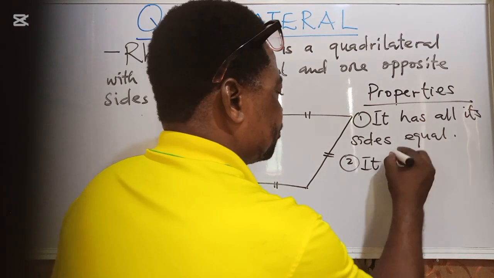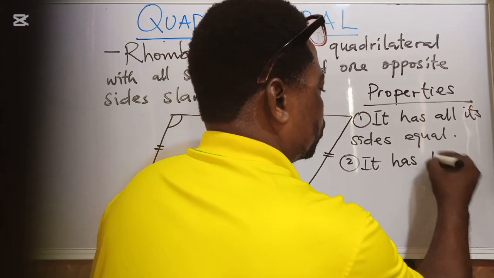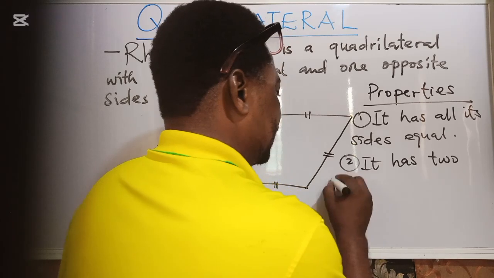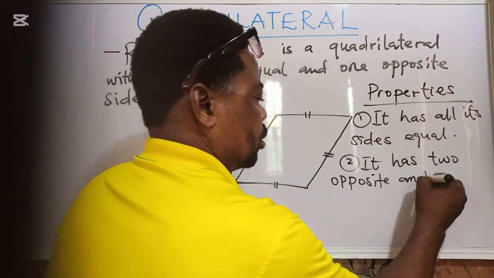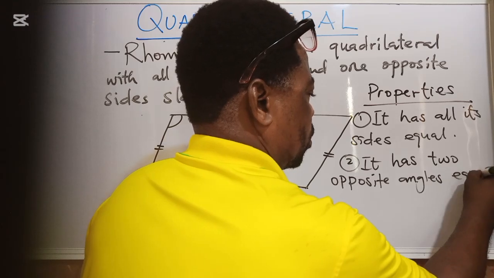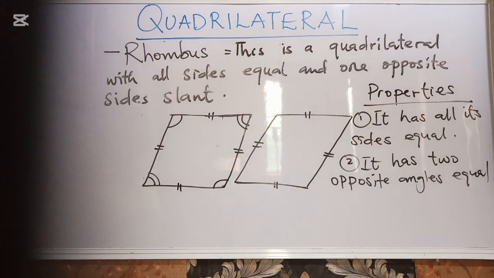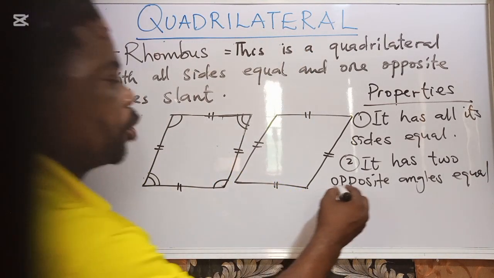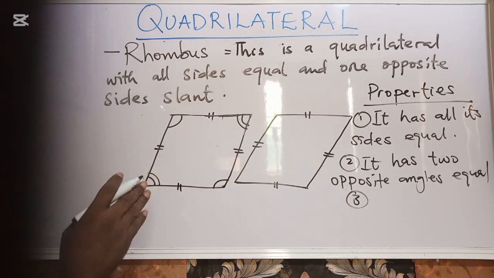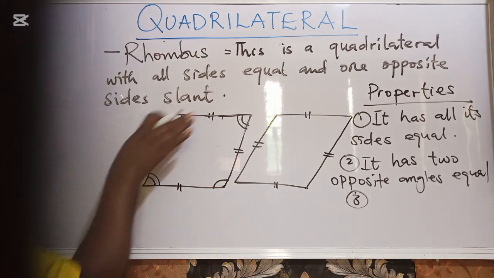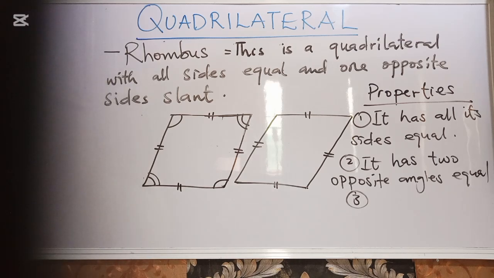It has two opposite angles equal. Yes, it has two opposite angles equal. Now remember that a square has 4 lines of symmetry, but immediately you toss this one, you push it like this, you have changed that line of symmetry.